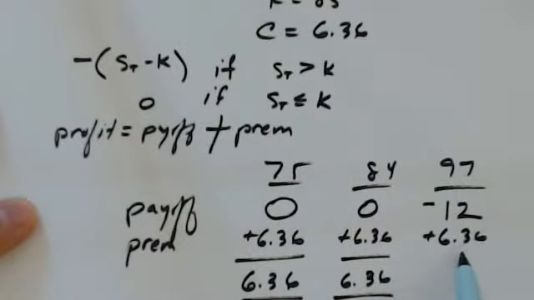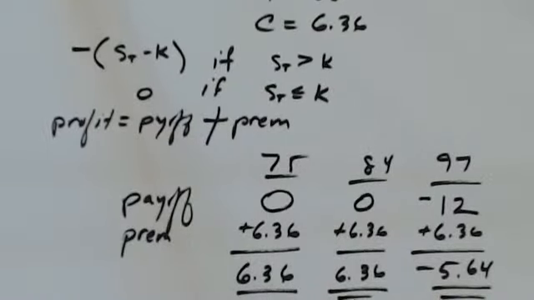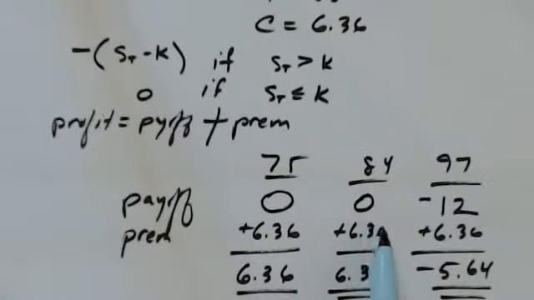And you're going to lose 5.64 in the top scenario. So remember, if the holder is bullish on holding a call, the writer has to be bearish. The writer wants the stock to fall in value so that they collect this premium. And they've just written a worthless call.